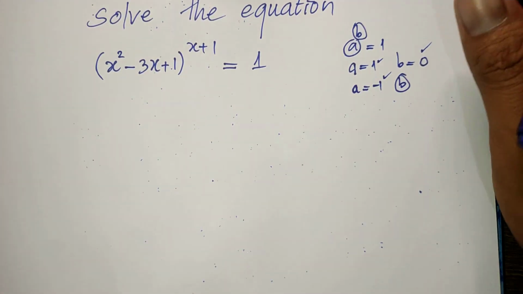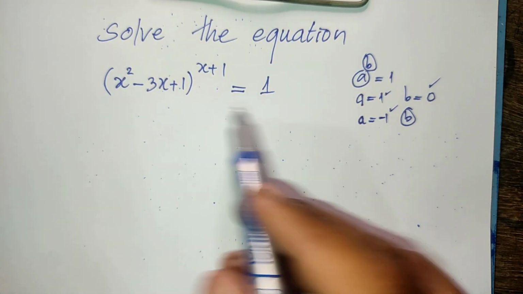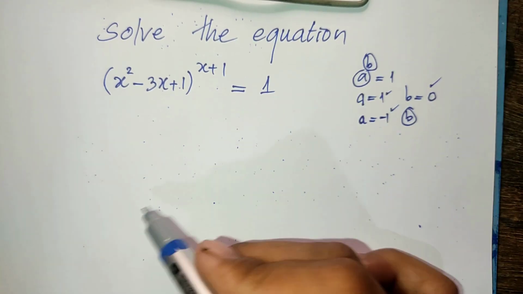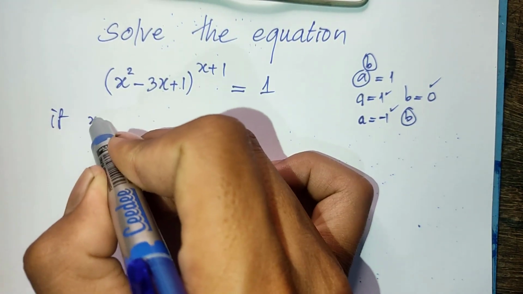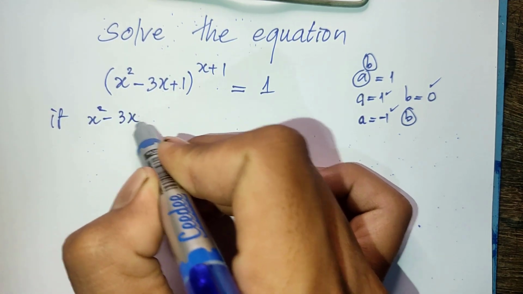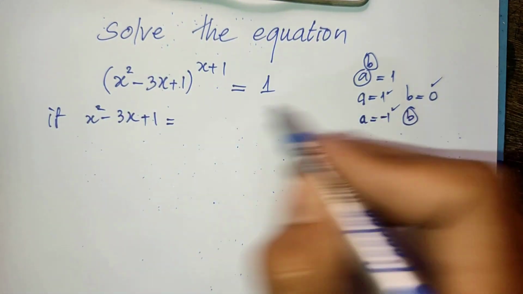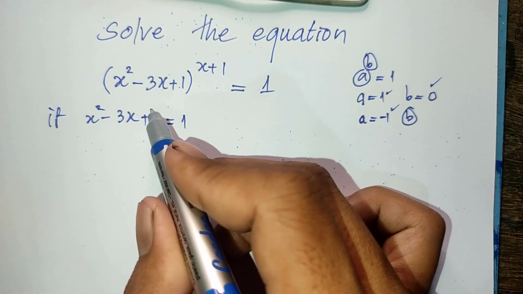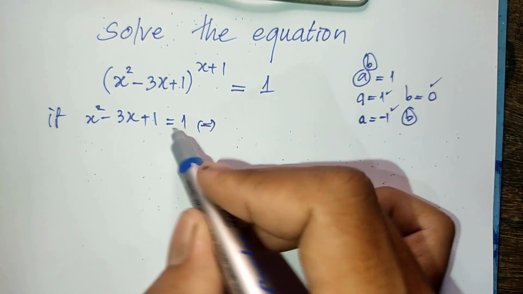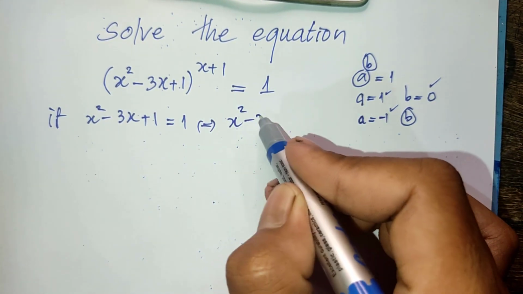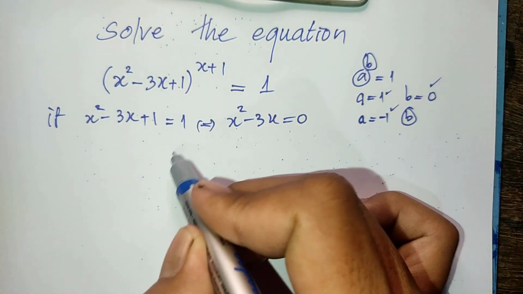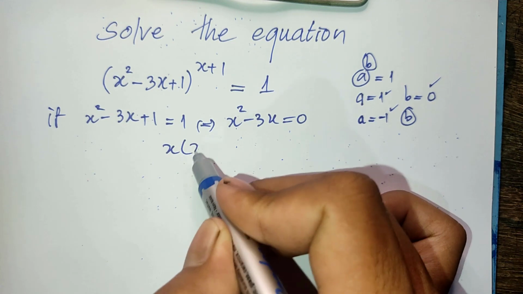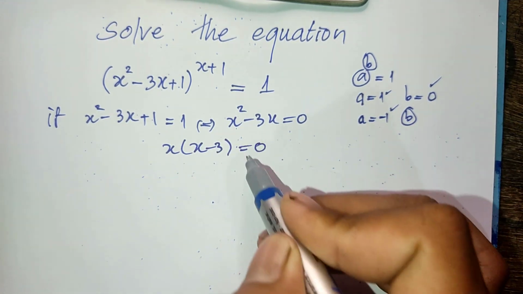So now we see our equation. If x squared minus 3x plus 1 is equal to 1, we get x squared minus 3x equals 0. And so now we get x multiplied by x minus 3 is equal to 0.